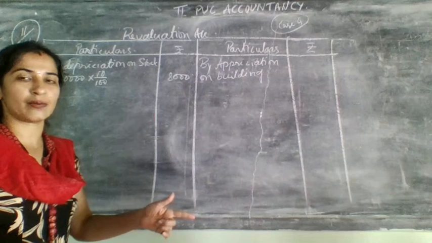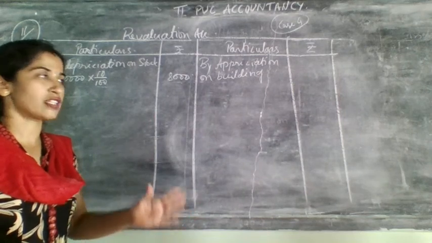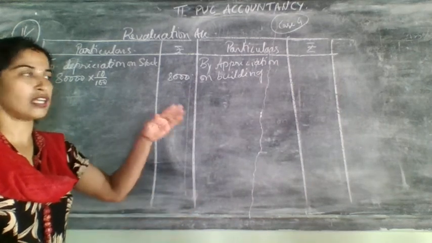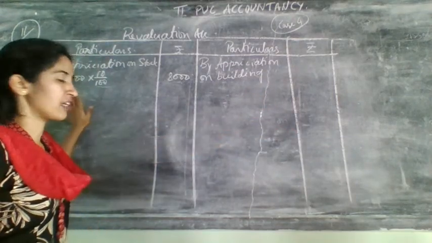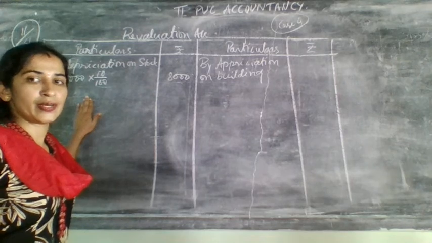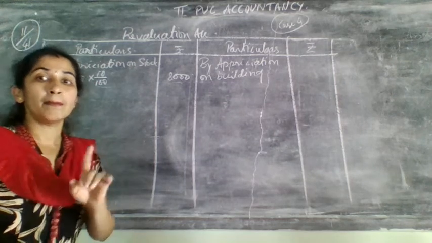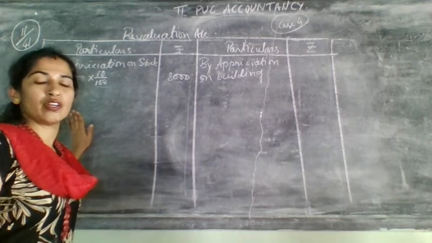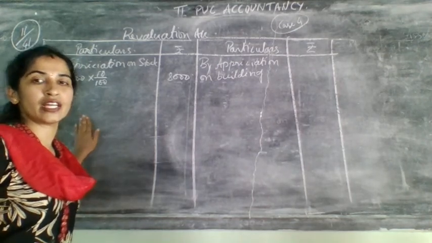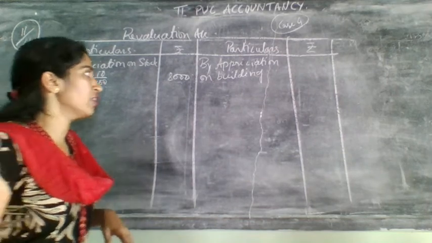"By" means direct amount, "to" means difference amount. If it was an increase, you need to write it on the credit side. Decreased means write it on the debit side of the revaluation account. But PDD increased by means that is expenses increased, so it will come on the debit side of the revaluation account.